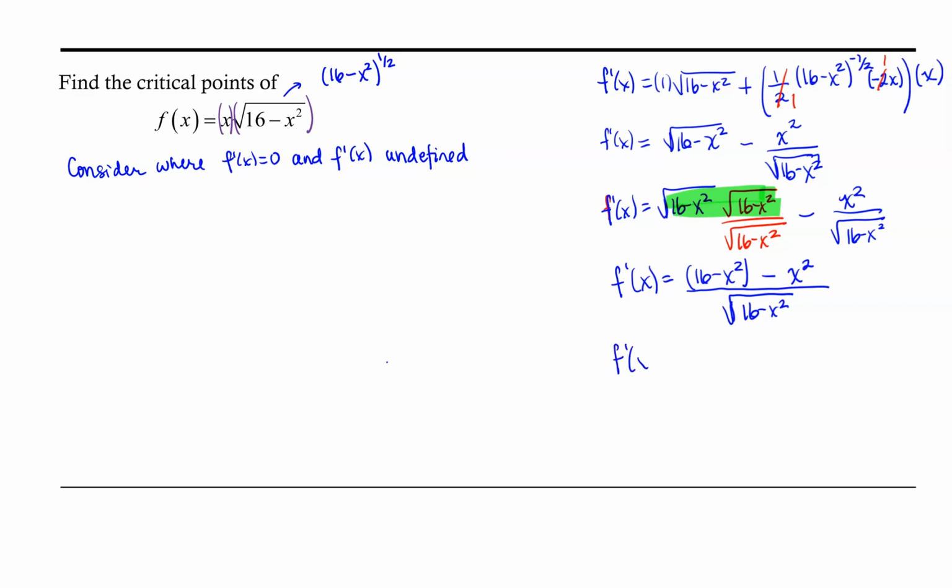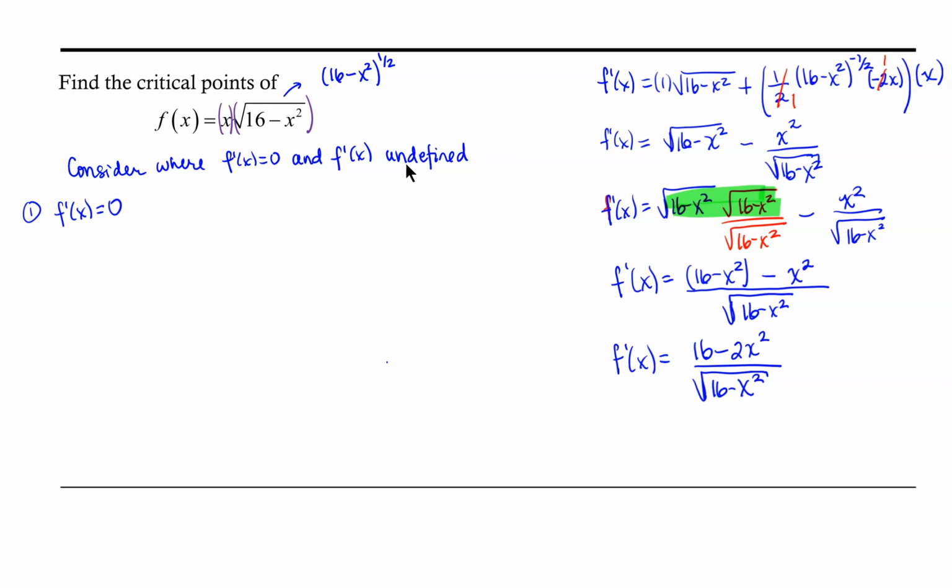So f prime of x ends up being 16 minus 2x squared all over the square root of 16 minus x squared. At this point, we're ready to consider where the derivative is equal to 0 or where the derivative is undefined. So first, let's consider where our derivative is equal to 0.